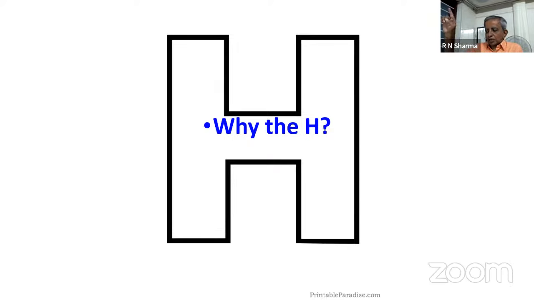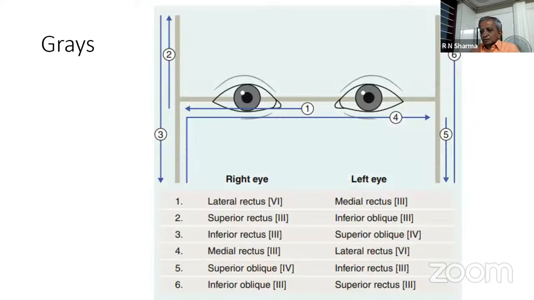Again, upward on the right side, downward on the right side. One movement is outward in one direction, then upward, then downward. Next, in the other direction, the other side of the gaze, then downward and upward. So it is examined in an H-shaped manner. There is a reason for that.